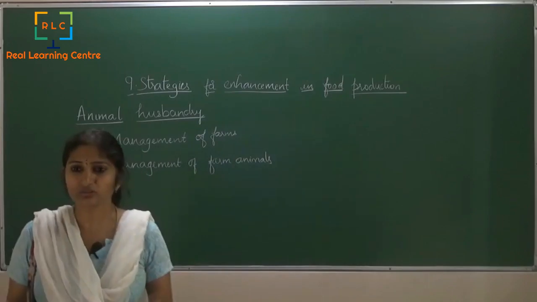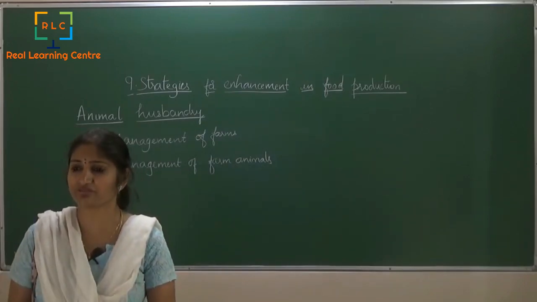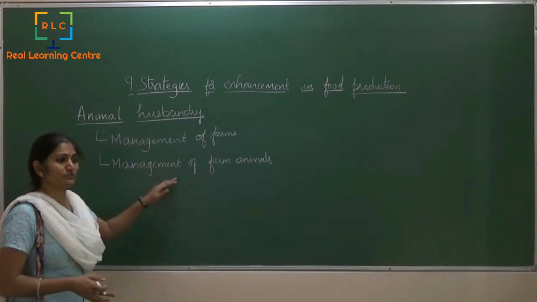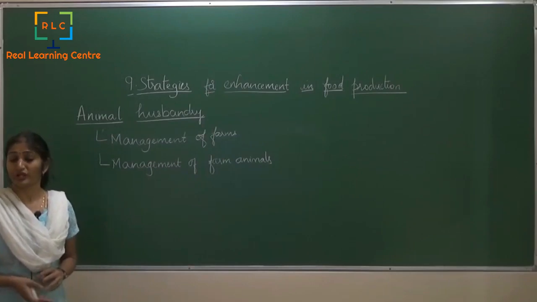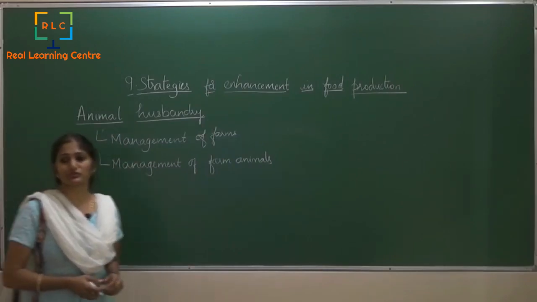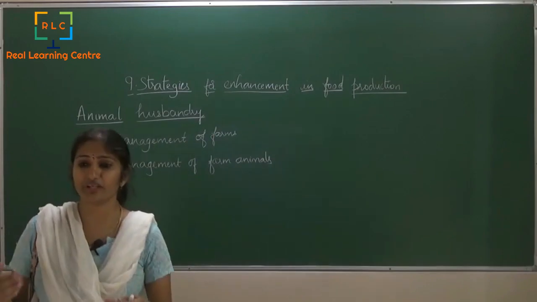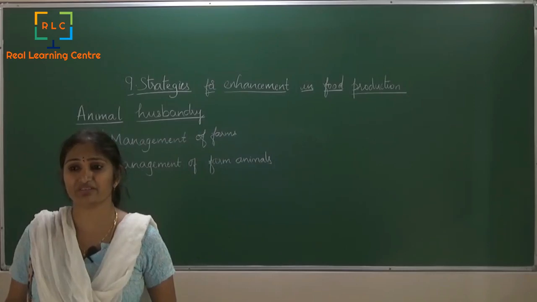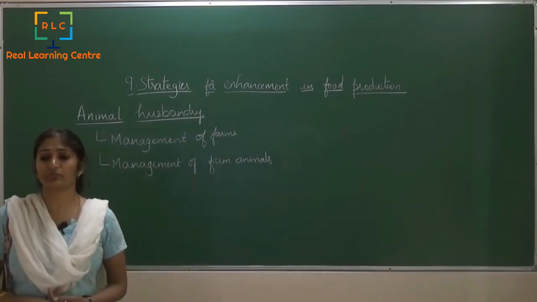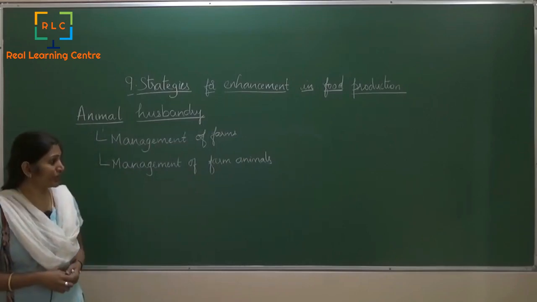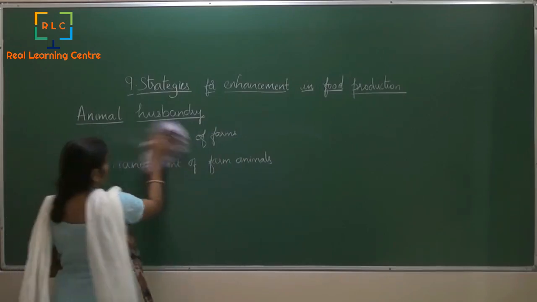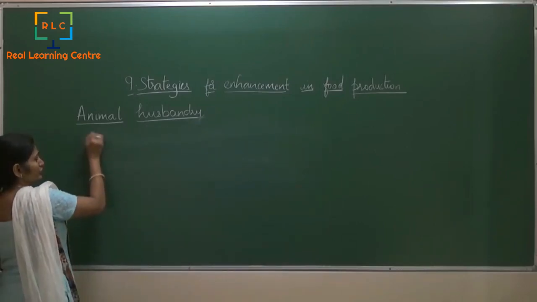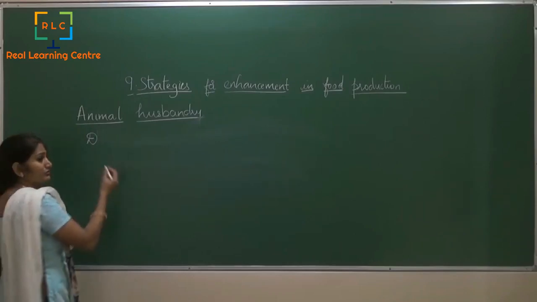Now, as you all know, for every type of livestock that we are discussing, the management of farms as well as management of farm animals would differ. Therefore, the practices that we follow for each livestock would be very different. So let us try to learn about some of the types of farm management for different livestock. Now let us talk about the first one, which is dairy farm management.